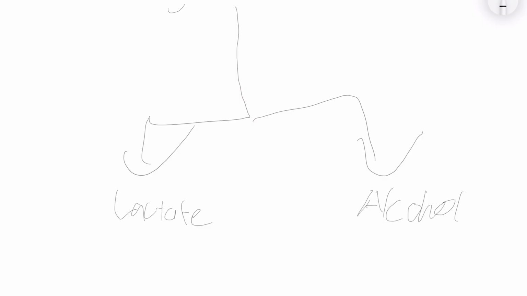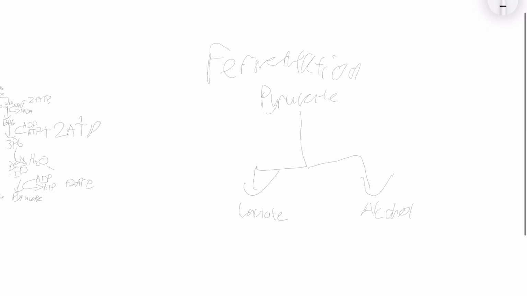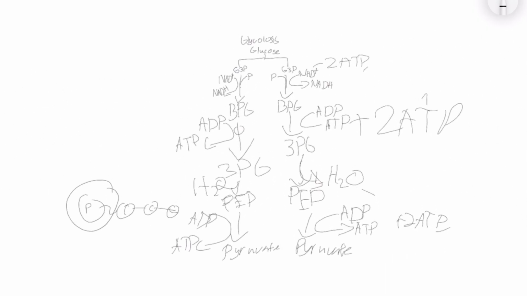Lactate is formed in animals and bacteria, and alcohol is formed in plants and yeast. So how does this happen? How is this converted? So let's go back here.